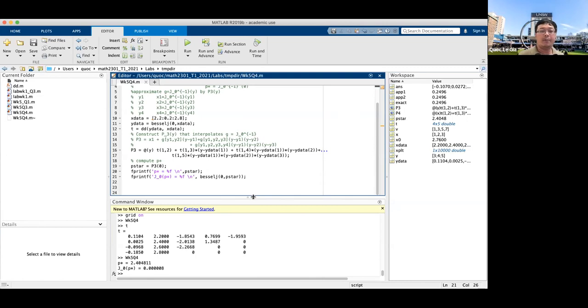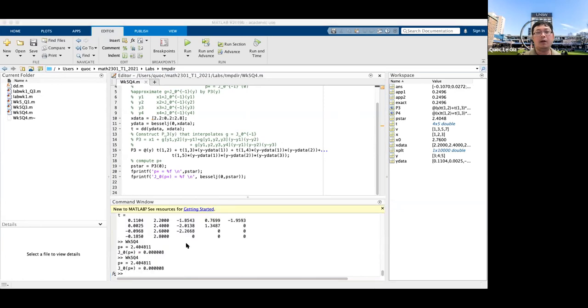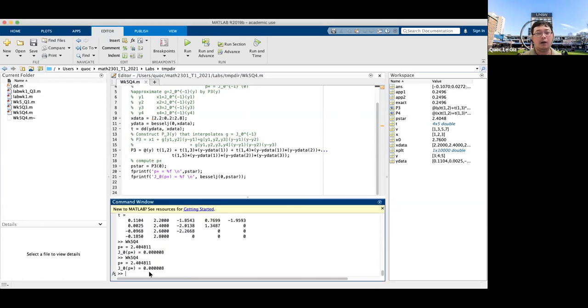So, and if you compare with the plot, remember we have a plot before. So I closed the plot, but now if I have the plot again. So I stop this, I share the plot.